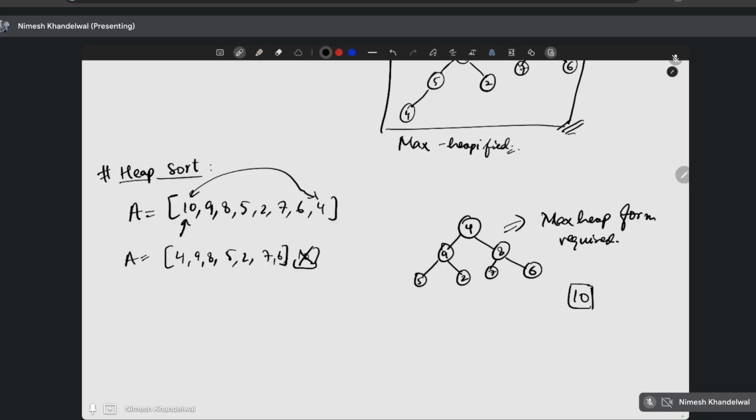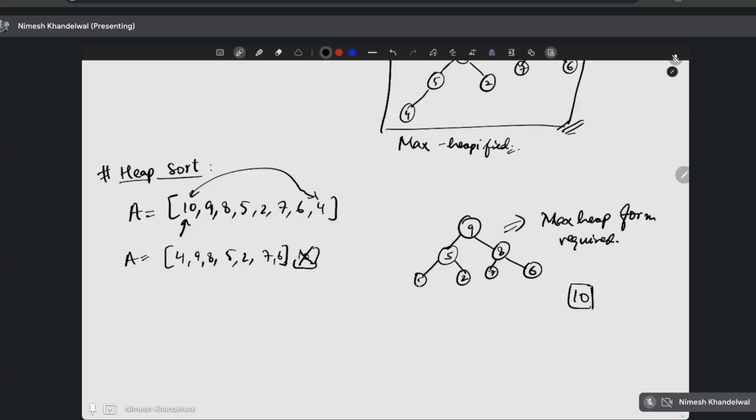And how do we do that? So if we start at the second level, there is no violation, right? So we go above, 4 will be replaced by 9, and in this place we perform it again.